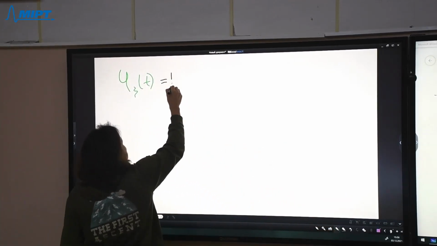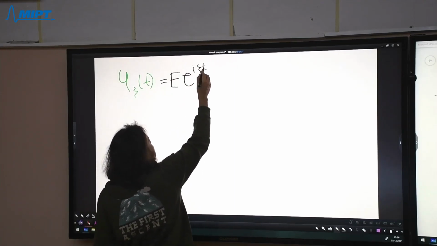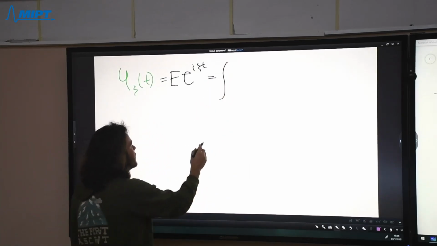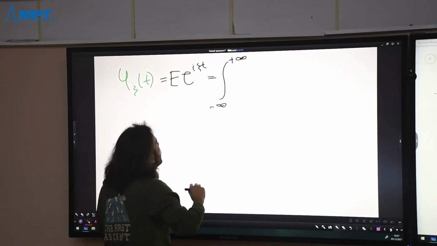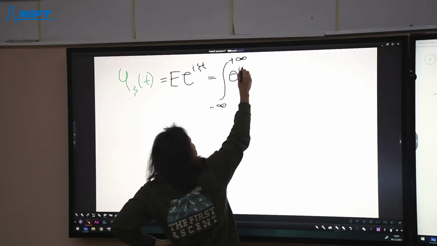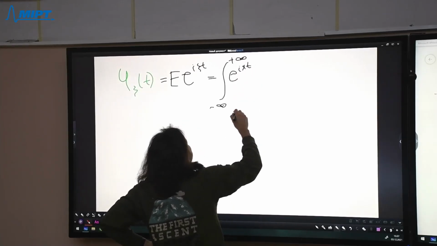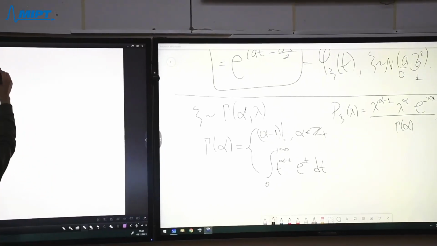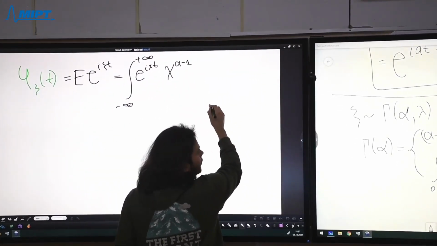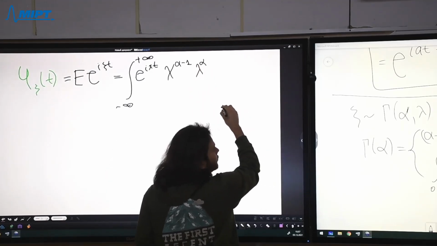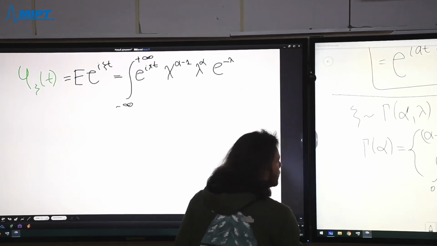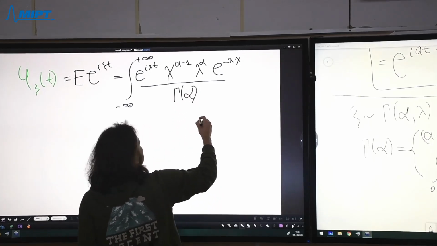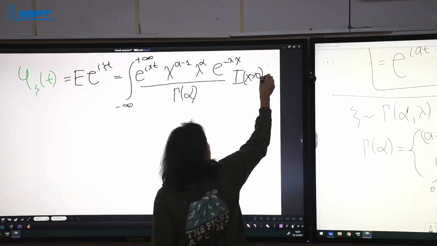So this is the expected value of e to the i psi t, the integral from minus infinity to plus infinity of e to the i x t times the density, so x to the alpha minus 1, lambda to the alpha, e to the minus lambda x, all of this over the gamma function of alpha for x greater than 0, dx.